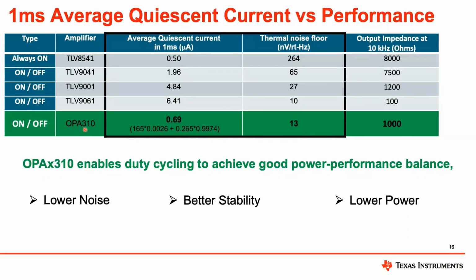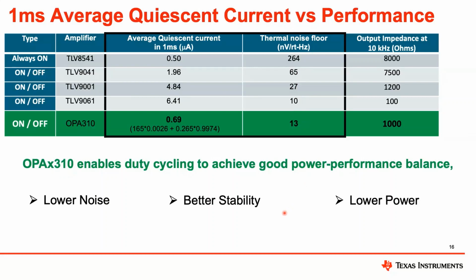The OPA310 comes out to just consuming 0.69 microamps over that entire 1 millisecond time frame, which is low in comparison to all the other amplifiers, according to their own enable settling times and quiescent currents in enable as well as shutdown modes. Also, if you look at the thermal noise floor, OPA310 achieves one of the best thermal noise floors when compared to the other amplifiers.